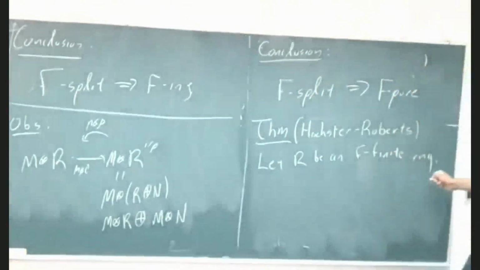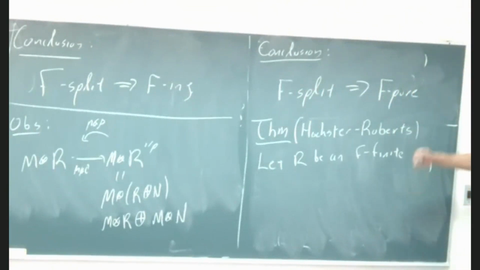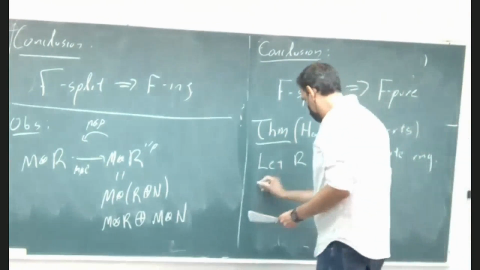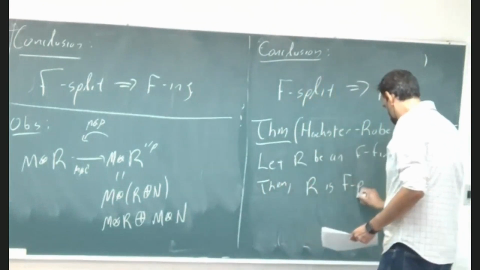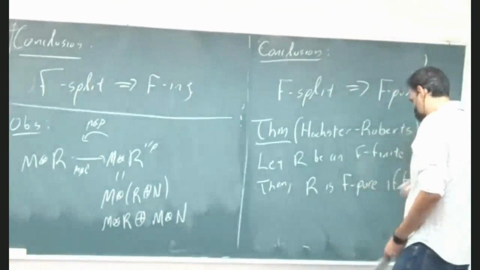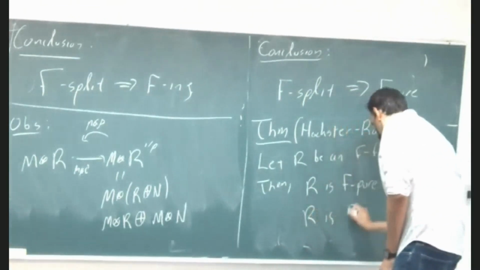And I know that all things here are finite, so I'm just trying to express that this has to be finite. Let's remind ourselves. Then R is F-cube if and only if R is F-split.